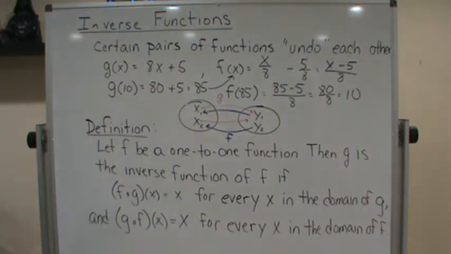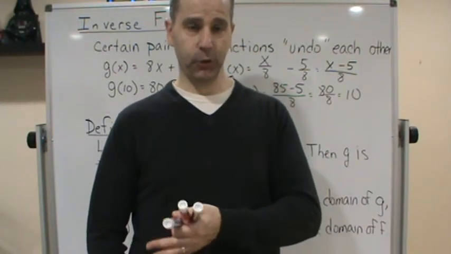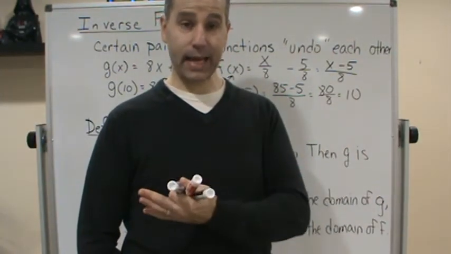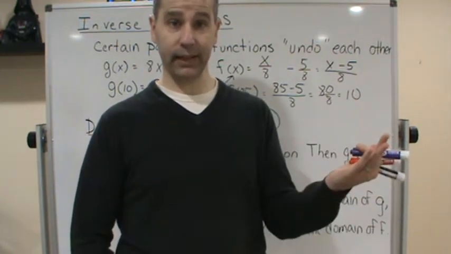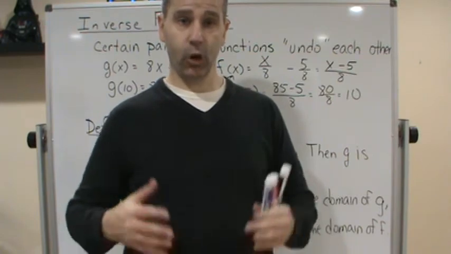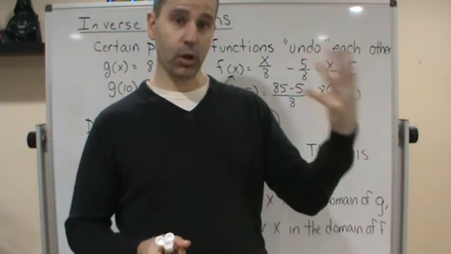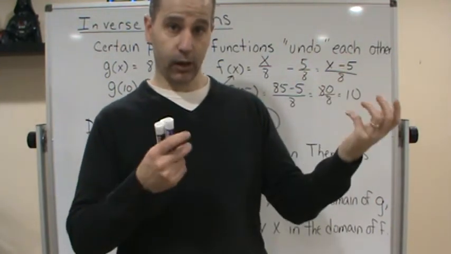Think about inverse operations like adding and subtracting. If you add and subtract the same amount, you basically have a net effect of 0. Multiplication and division are also inverse operations.